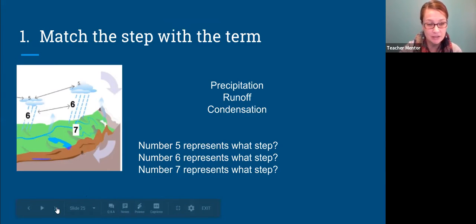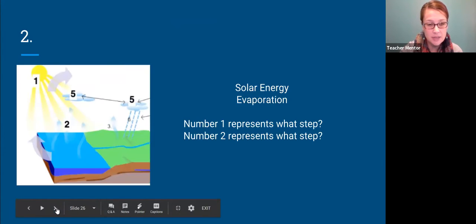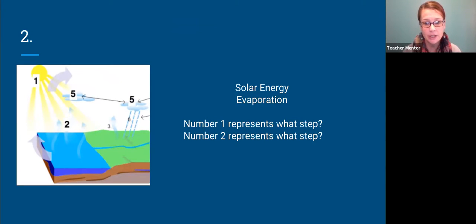Awesome. Thank you. And then the other half of the image. So here we have solar energy and evaporation to choose from. And so if we're looking at number 1, what is number 1 representing? Solar energy or evaporation? Solar energy. Okay, why?